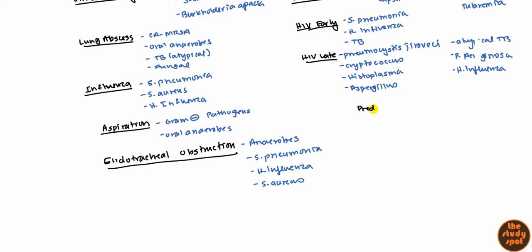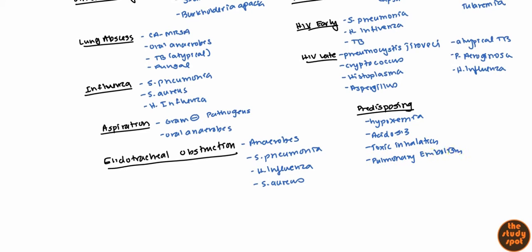Now, there are some conditions that can predispose to pneumonia, not necessarily causing anything particular, but just increasing the risk. This is going to be hypoxemia, so low oxygen, acidosis, and toxic inhalation, which can sometimes damage the alveoli, making increased susceptibility to infection. Also pulmonary embolism, uremia and malnutrition.